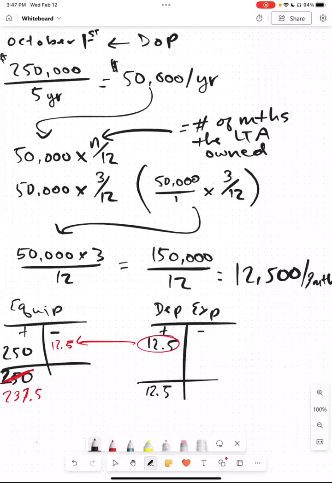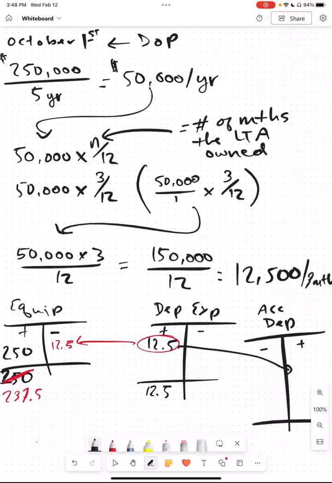So what we actually end up having is this thing that we call a contra asset account. And contra simply means other, opposite, against. It's just the opposite of an asset account. So we have this thing called accumulated depreciation. It is an asset account, but it holds its balance on the opposite side. So it increases with the credit because it is a contra asset account. So that 12 and a half actually gets matched over here to accumulated depreciation.